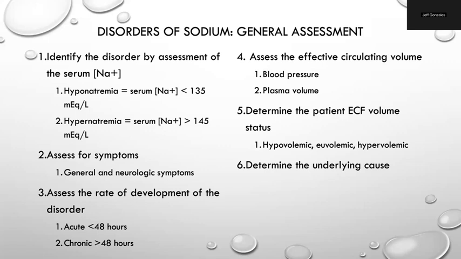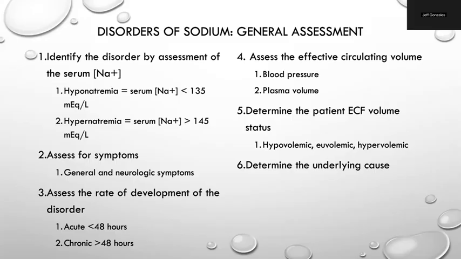So, in summary, you want to identify the disorder by assessment of the serum sodium. So, determine if it's hyponatremic or hypernatremic. Assess for symptoms. Assess for the rate of development of the disorder. If the rate of development is less than 48 hours, it's classified as acute.